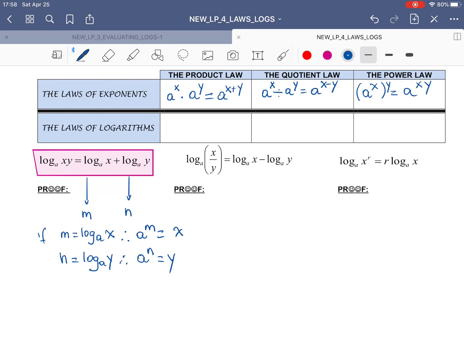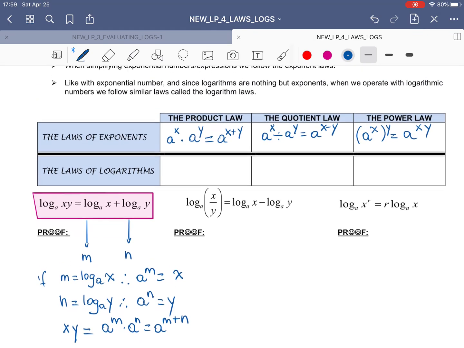And if these 2 are true, then we can say also that the product x times y must equal a to the m times a to the n, or even better, a to the power of m plus n.